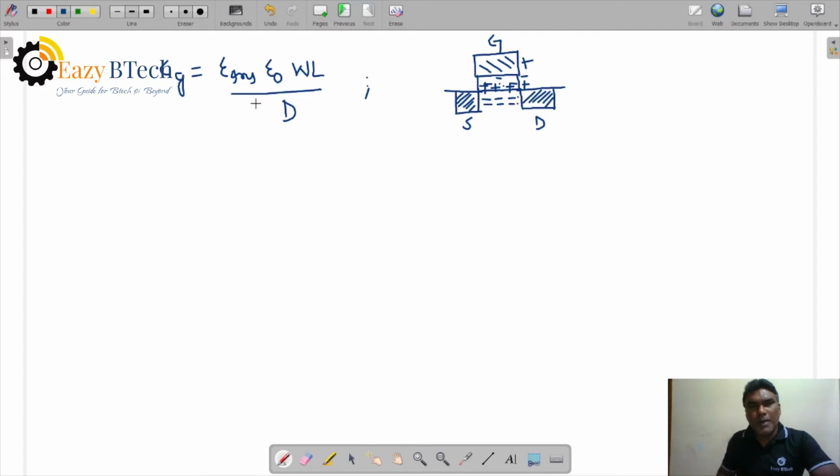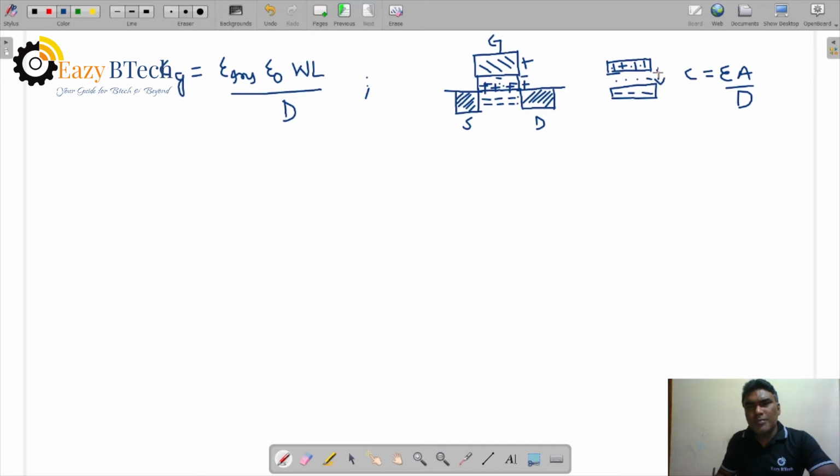You see, so capacitance is nothing but two plates, positive plate, negative plate with a dielectric layer. So C is equal to epsilon A by D. Epsilon is a dielectric layer.